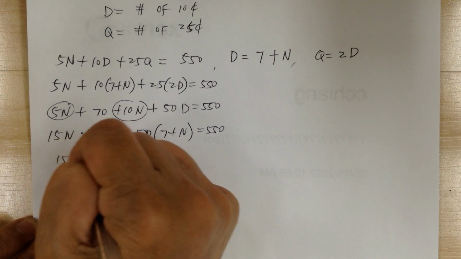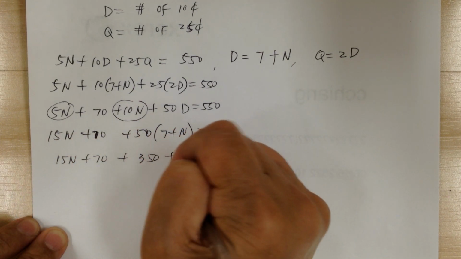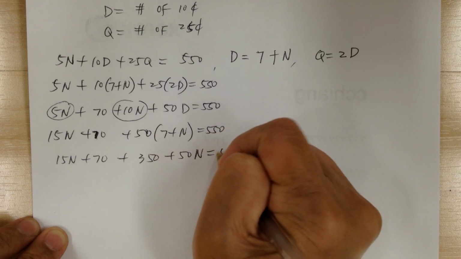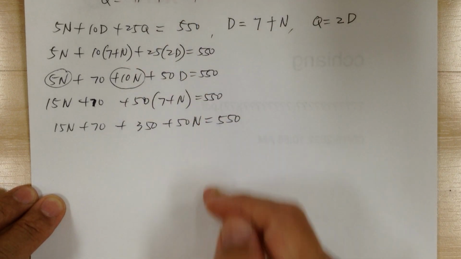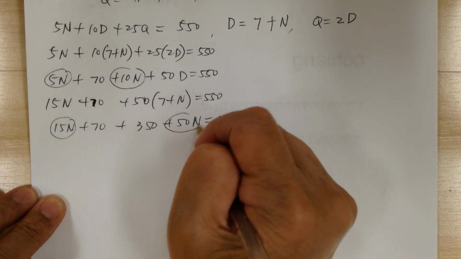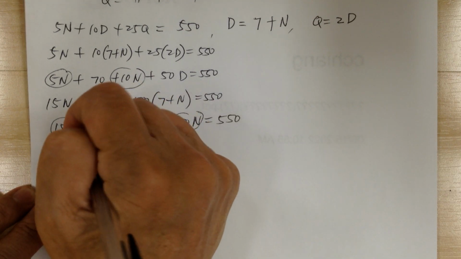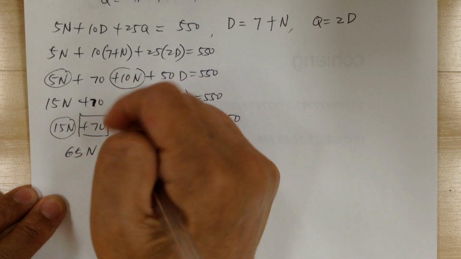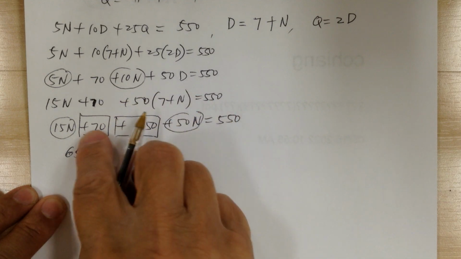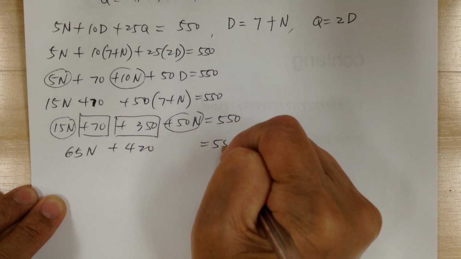So you get 15N plus 70 plus 350 plus 50N equal to 550. You can go down and line everything up to combine the like terms. So this one and this one will give me 65N. And this one, again, there are different kinds, so use different shapes. This and this would be plus 420 equal to 550.